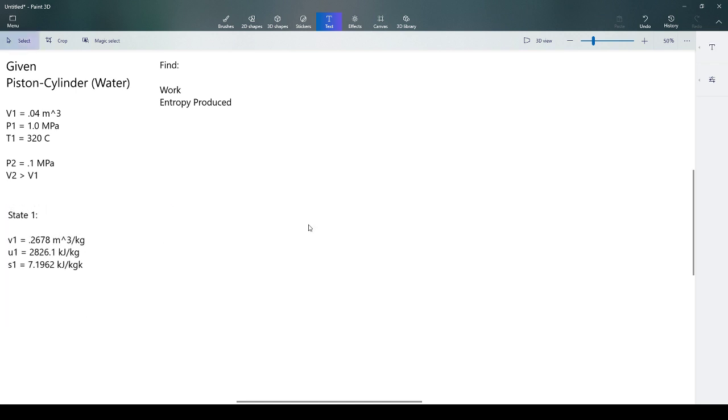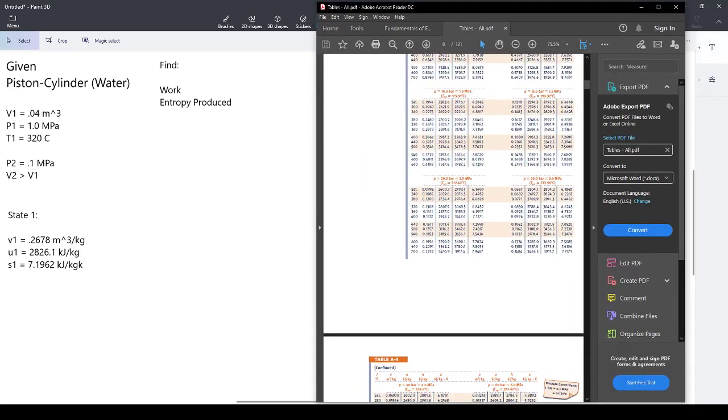Okay. So we now have all the things that we wanted, right? We have volume, we have internal energy, and we have entropy of the first state. So we're doing good there. Now, we have that. Is there anything else that you think we need to know here? Or where do you think we go next?